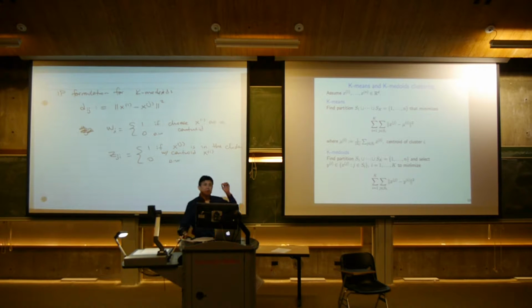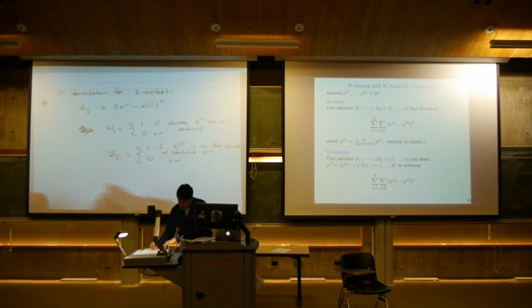So you can model your problem with that choice of variables, and it turns out to be the following. At the end, you end up minimizing the sum over i equal to 1 to n, j equal 1 to n of dij zji.